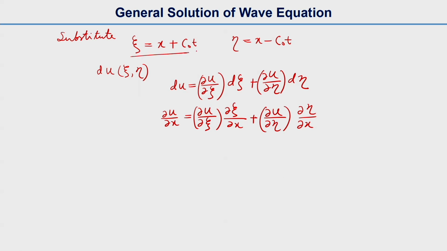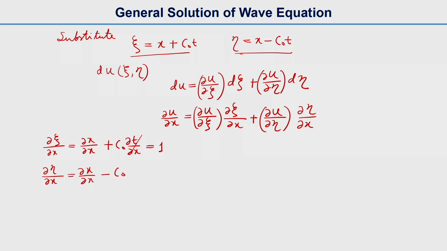From these relations, what we can get is that the partial of those variables with respect to x gives a value equal to 1, this will be 0, and the second variable will also be 1.